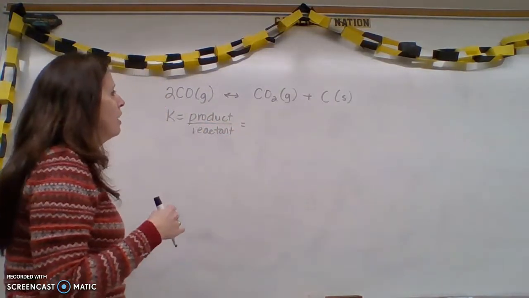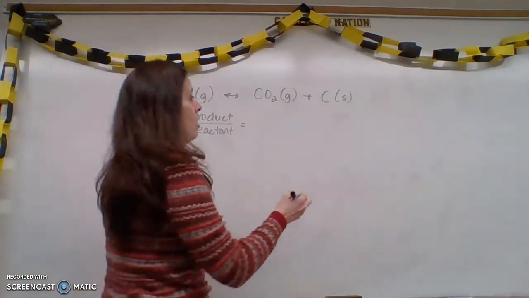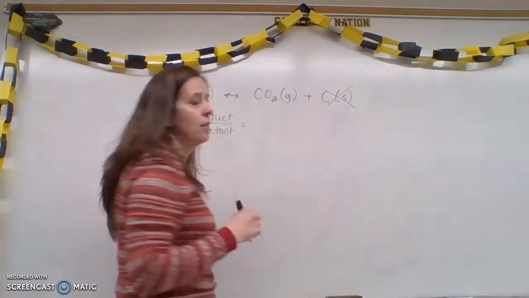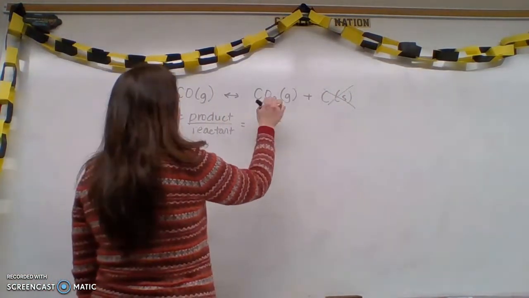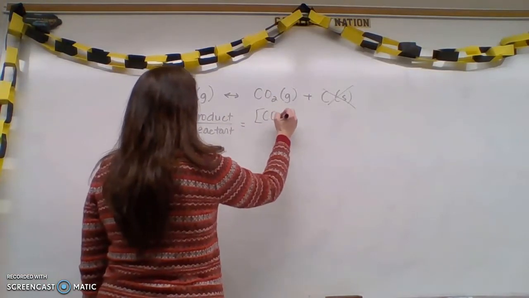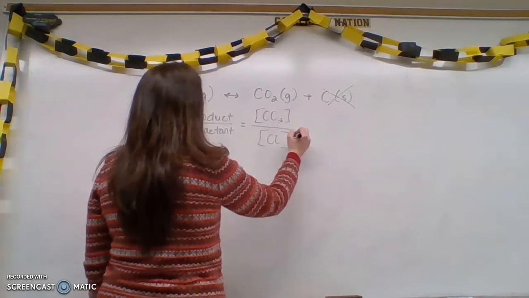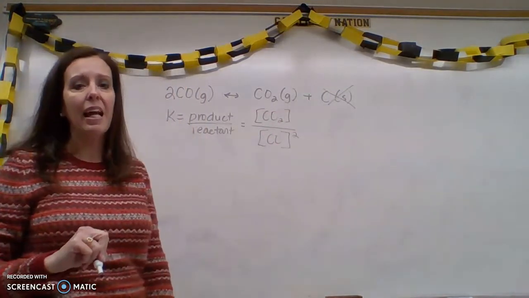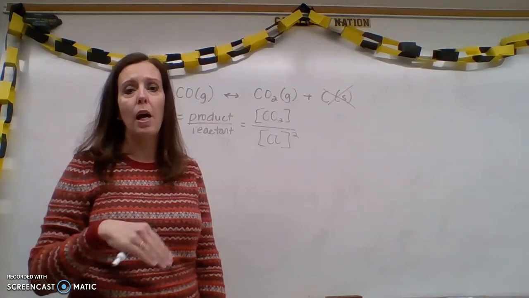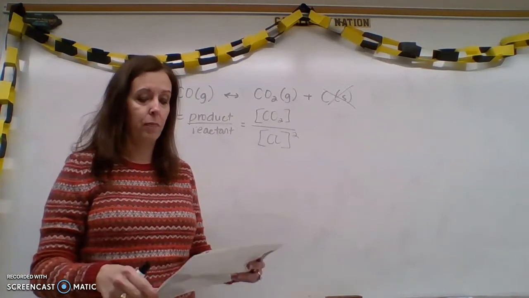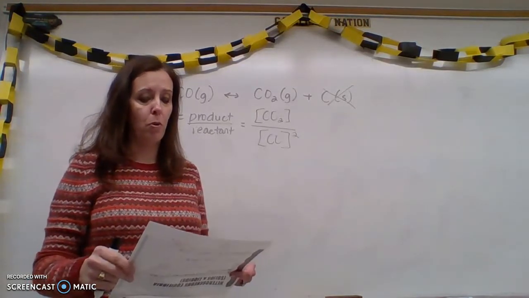And then I look at the equation and I'm like, all right, can't use any solids or liquids. So I just cross them out because I'm visual. I need that to keep me straight. And so now on the product side, I just have this and that. It's that easy. You just cross it out if it says solid or liquid and you do not include it in the K value. Okay? Heterogeneous equilibria. Super duper easy.